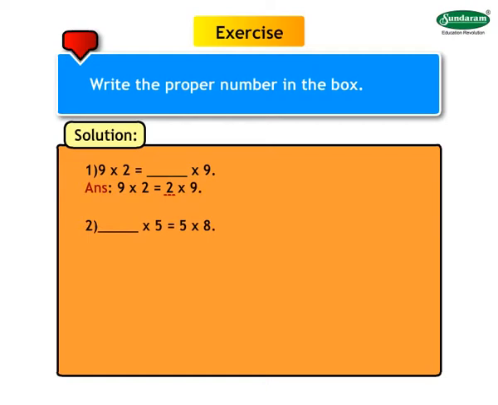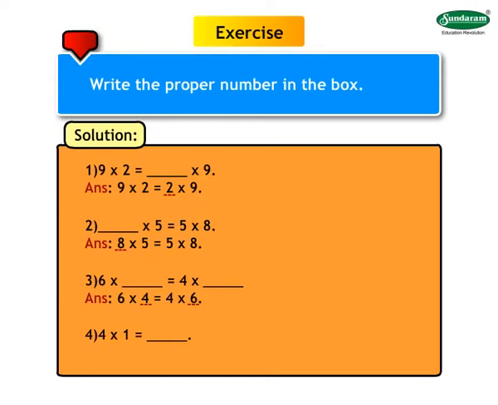Dash into 5 is equal to 5 into 8. 8 into 5 is equal to 5 into 8. 3. 6 into dash is equal to 4 into dash. The answer is 6 into 4 is equal to 4 into 6.